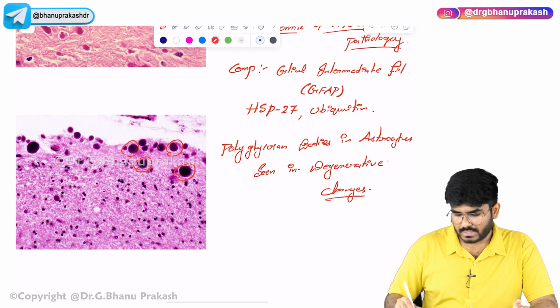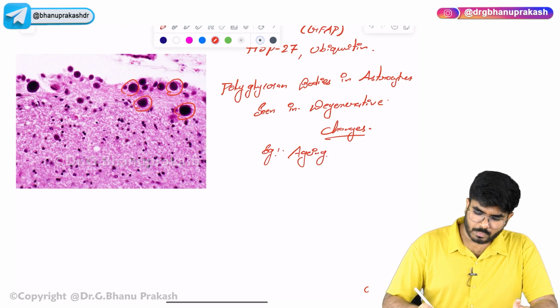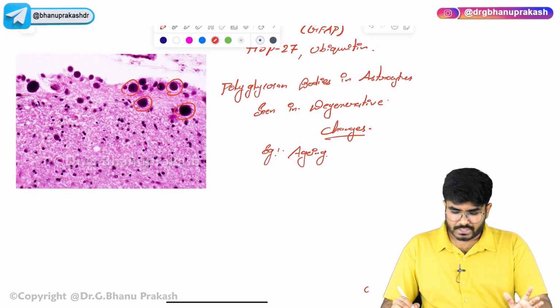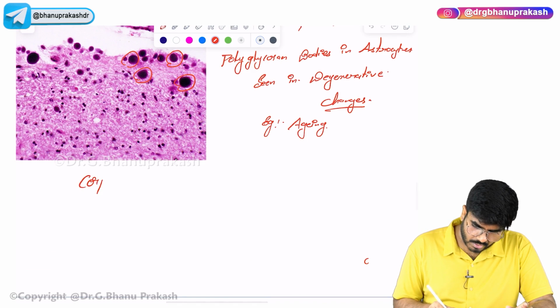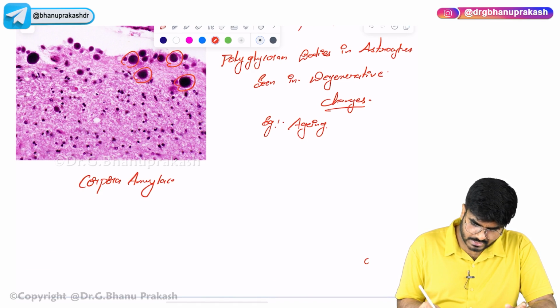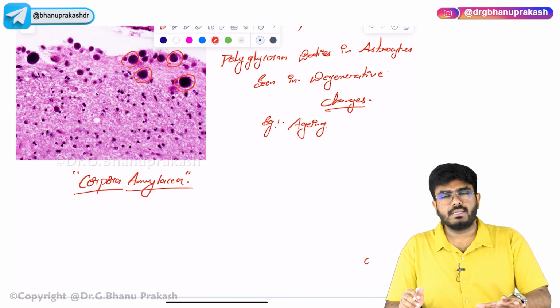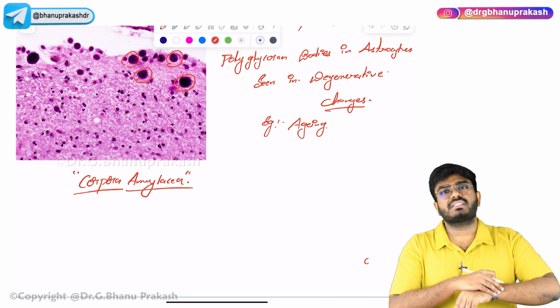These bodies are usually seen with aging. These polyglucosan bodies seen in the astrocytes with degenerative changes like aging are called corpora amylacea. Corpora amylacea is nothing but these polyglucosan bodies, the pink bodies seen inside the astrocytes.